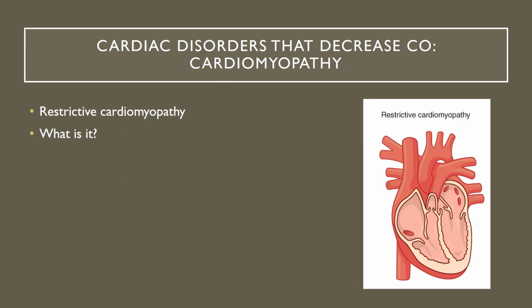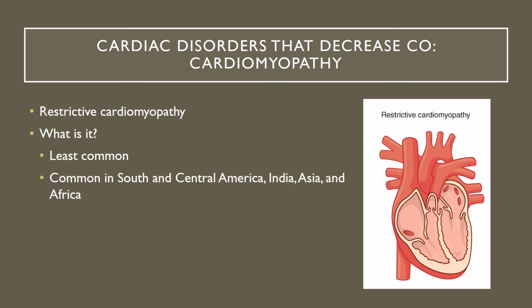On to our last cardiomyopathy here. It is going to be restrictive cardiomyopathy, and this is going to be the least common cardiomyopathy that you actually see. It's going to be common in other parts of the world, not really here, so South and Central America, India, Asia, and Africa.